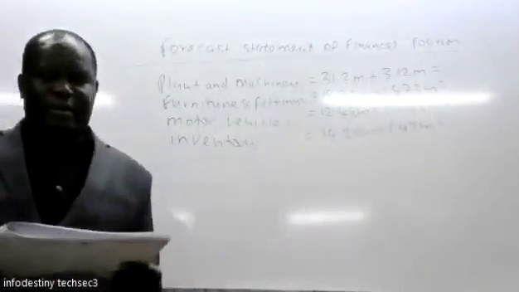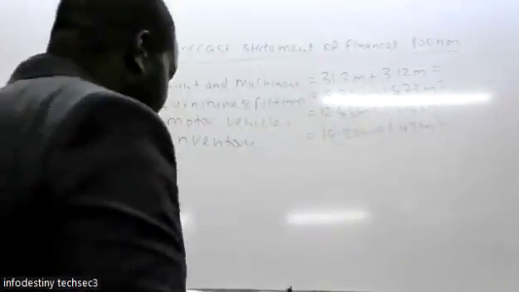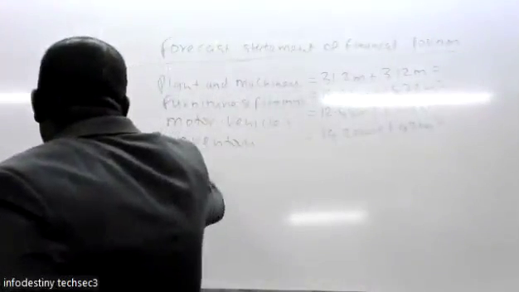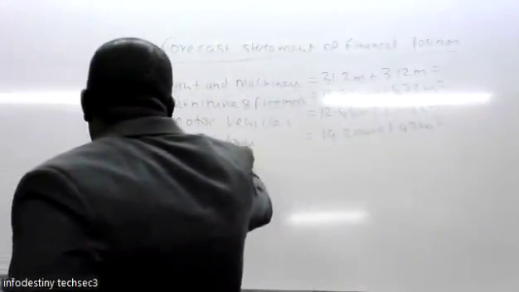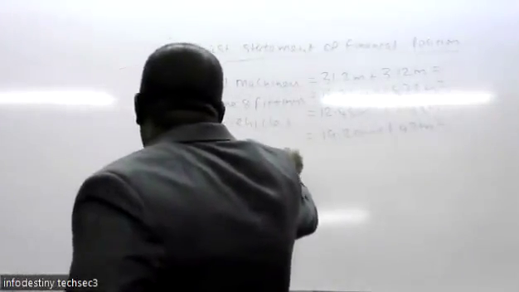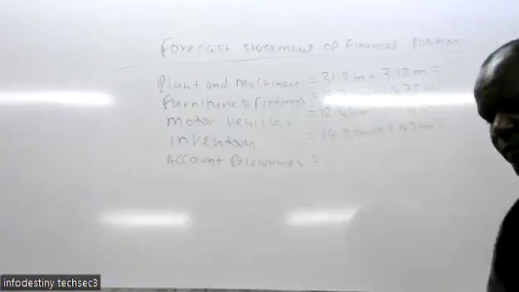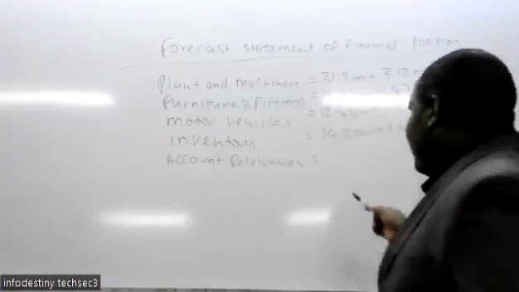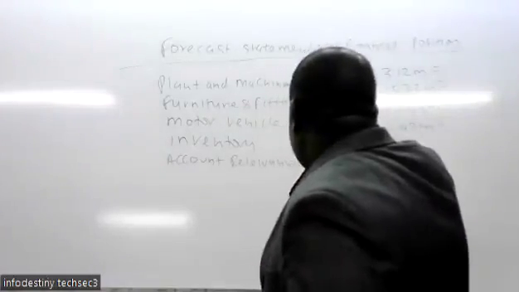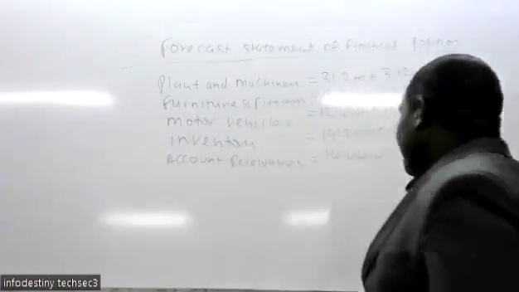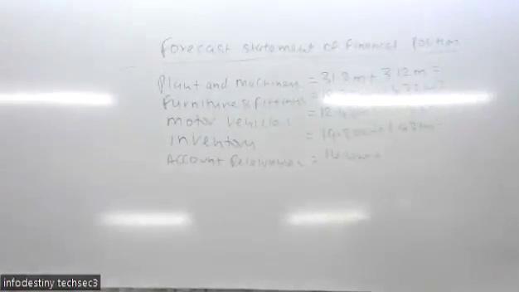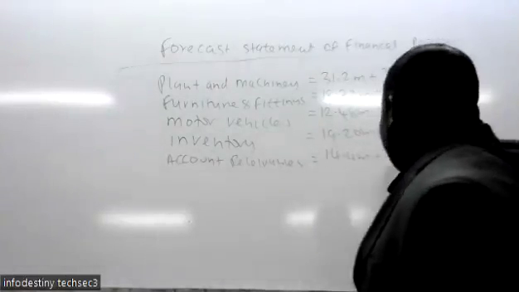The next one is account receivable. For the account receivables, it is 14.4 million. We add in that increase, 1.4.